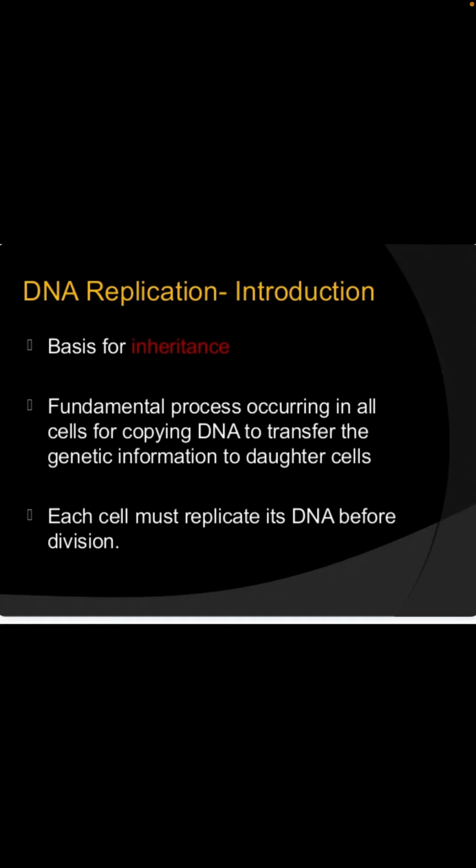So DNA replication is basically the replication or the doubling of the DNA. Basically, it is the basis for inheritance, and it's a fundamental process occurring in all cells for copying DNA to transfer the genetic information to daughter cells.